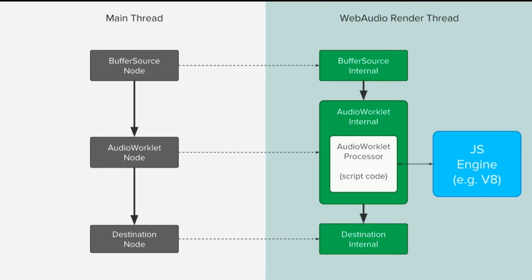So this is the biggest breakthrough, if you will, in the web audio world. Now we have a fully capable JavaScript engine running on the audio rendering side. We don't need to make the jump at all. We can do all the JavaScript processing in that thread immediately, in a synchronous and sequential manner. Does that make sense? So we don't have to make the jump. That means we are fast.